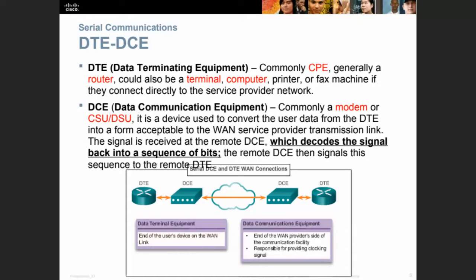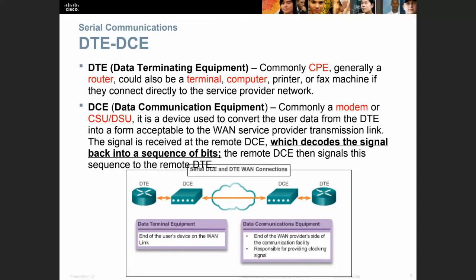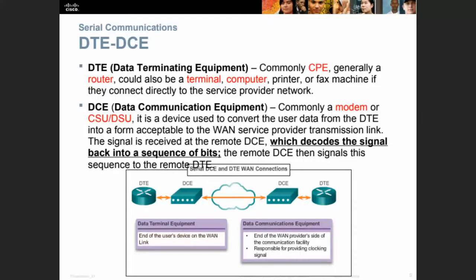So if you can see here, we have a network, we have DCE, DTE, DCE, DTE.